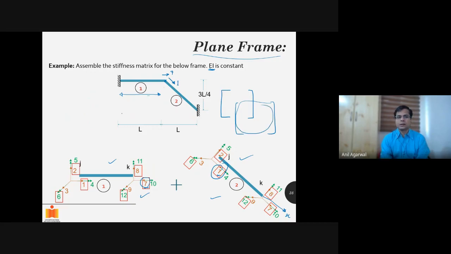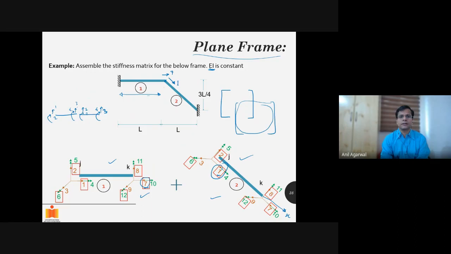Because earlier, when we had two beams aligned in the same direction, we were dealing with 1 here and 2 here, and then 3 here and 4 here. So this was 1, 2, 3, 4. Then again 1, 2 and 3, 4. This is how it was, right?